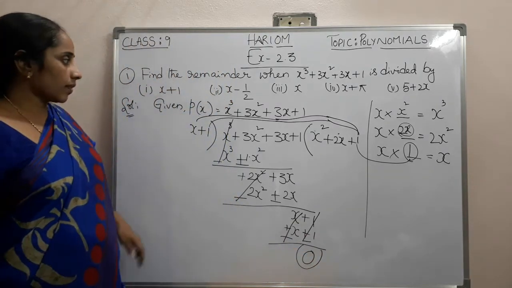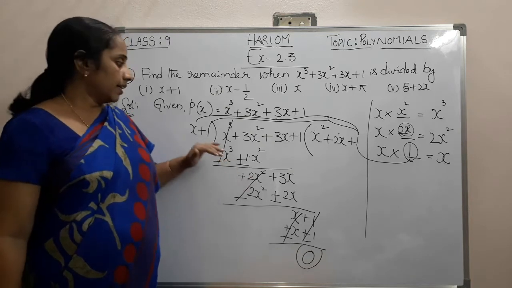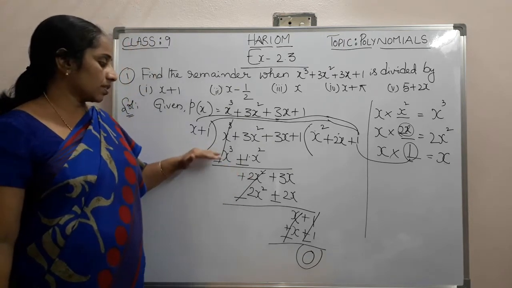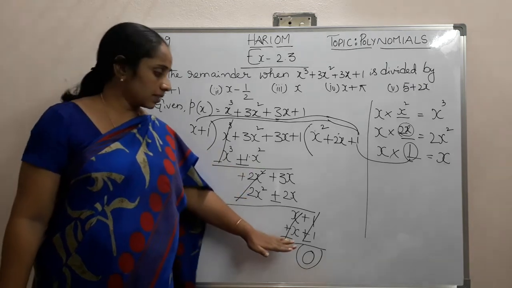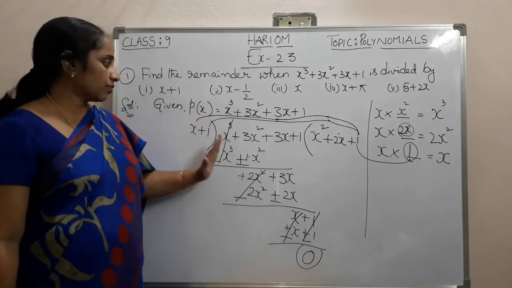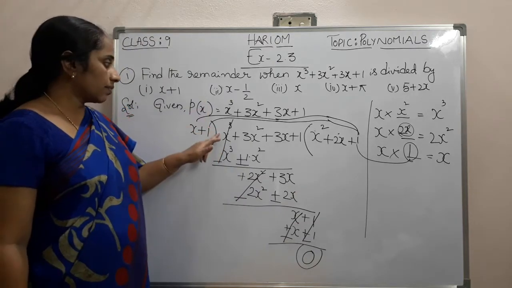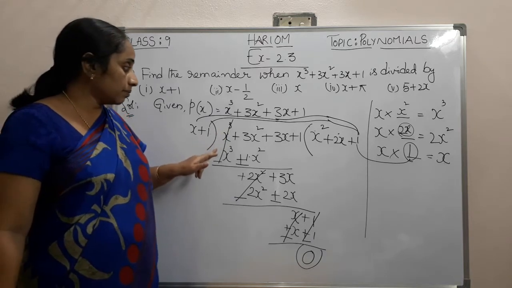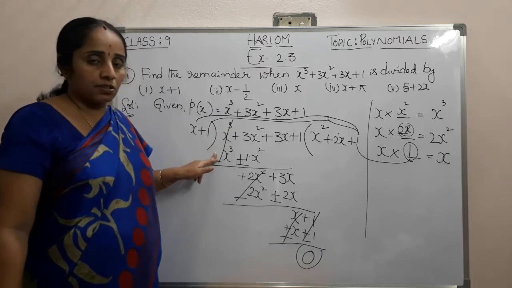So this is the division. Here we did the division in 3 steps. In these 3 steps, to get the first term, whatever we have in the dividend, the same we have to get here also.